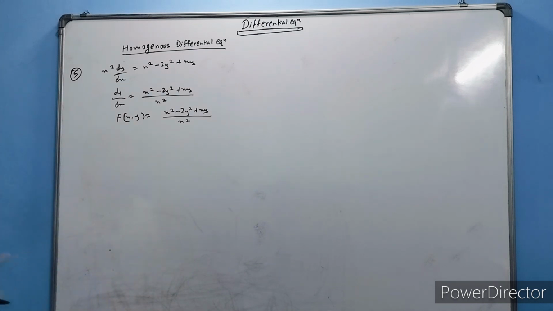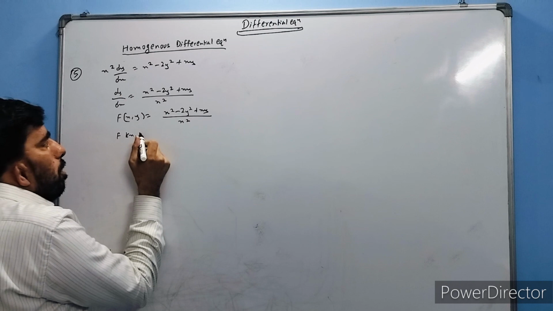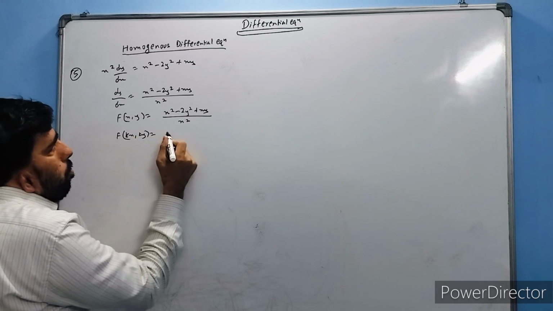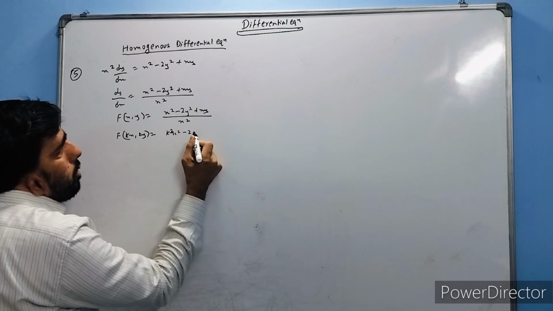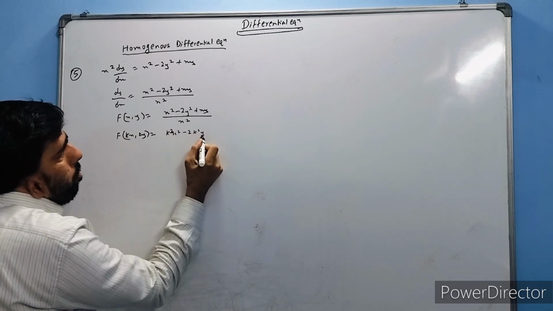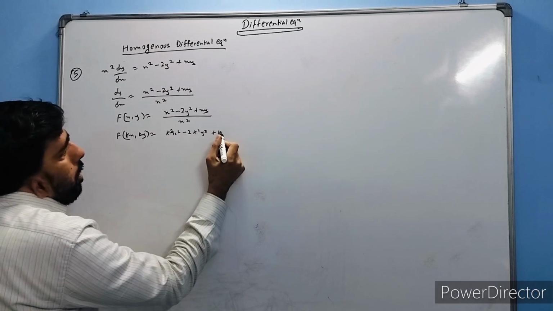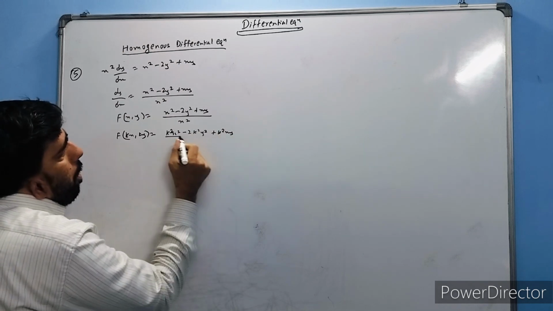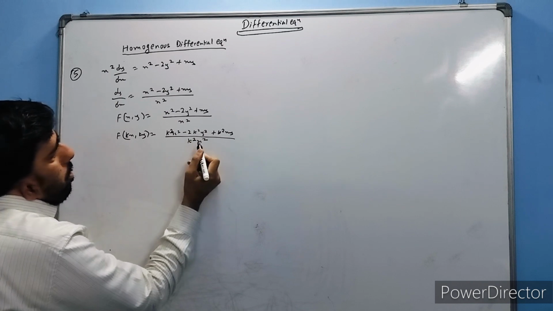Now we'll replace x by kx and y by ky, which gives k square x square minus 2k square y square plus k square xy upon k square x square.